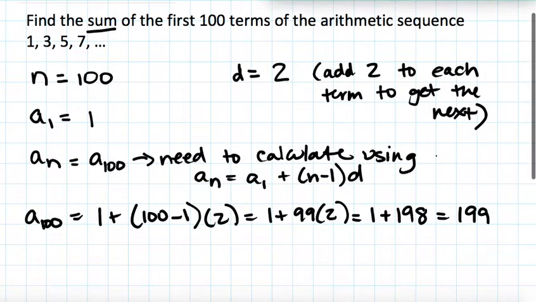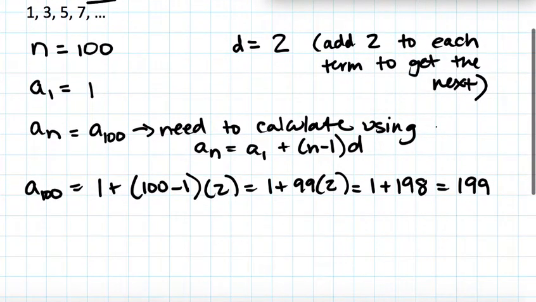So now that I have the 100th term, now I can use the sum formula. This is kind of a tricky problem because you have to use one formula in order to get a variable that you need to plug into the other formula. So S sub n here is going to be S sub 100, sum of the first 100 terms.